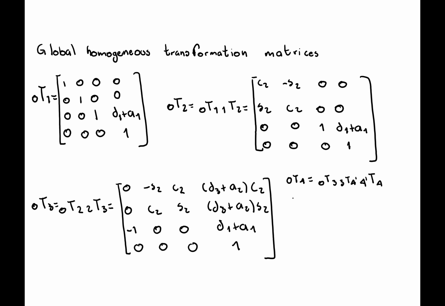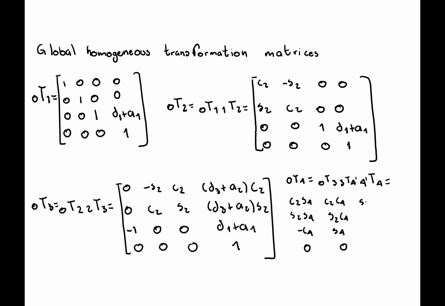And this is here, cosine 3. No, sorry. Cosine 2 times sine 4, then sine 2 times sine 4, minus cosine 4, 0. Then here, cosine 2, cosine 4, sine 2, c4, sine 4, 0.